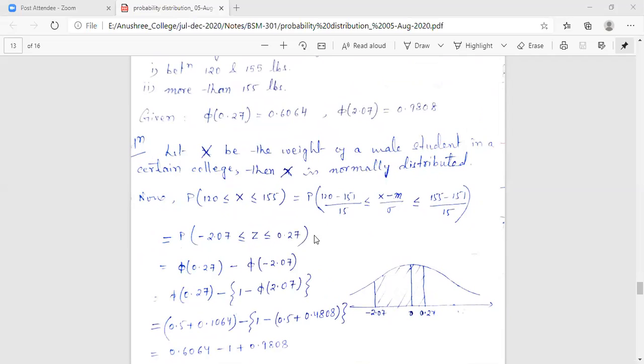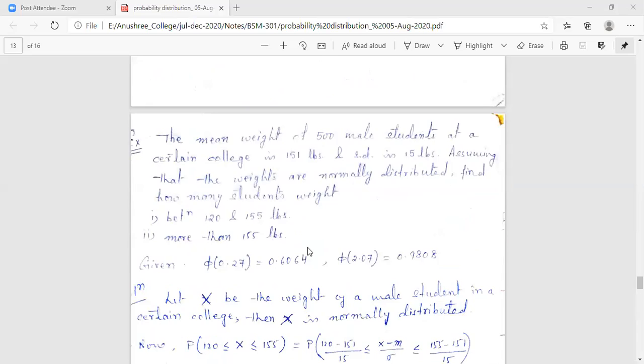That means this probability that is required by us, if this is 0.27 and this is minus 2.07, means we need to obtain the area under this curve. Now that could be done in terms of phi, as the phi values are given to you.